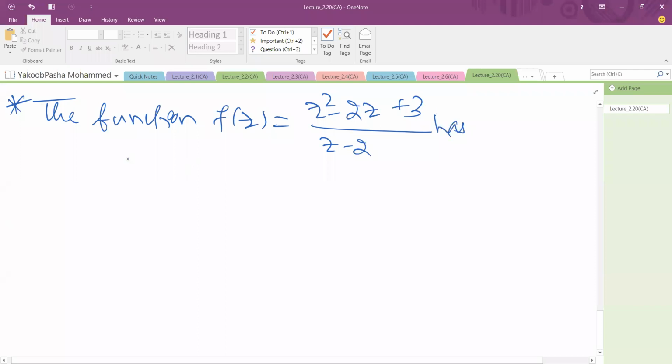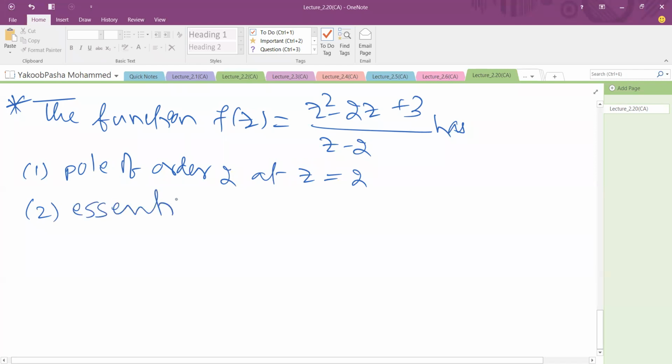Okay, we have options, so I'm writing here. First option, pole of order 2 at z is equal to 2. Second option, essential singularity at z is equal to 2.